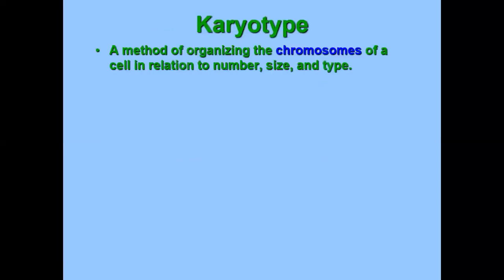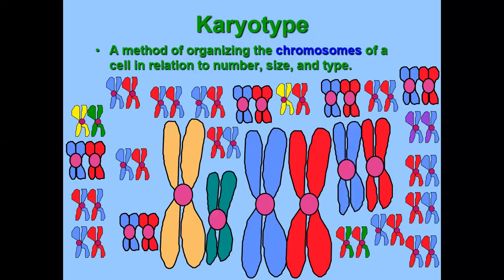So karyotyping is actually the method in which the chromosomes of a cell are studied in relation to number, size, and type. And here are the 46 chromosomes which are present in one cell of a human or organism. All the chromosomes are different on the basis of their centromere and their shape.